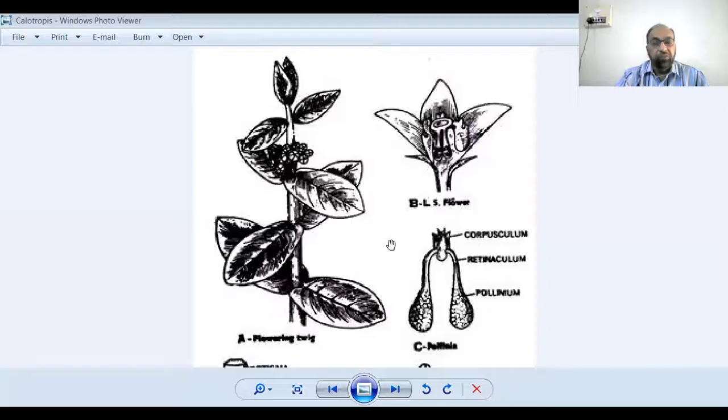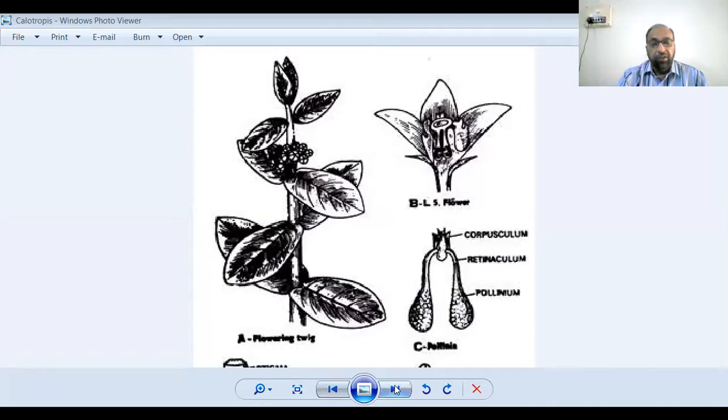Since it is a dicot plant, you will find a prominent midrib, and that midrib shows reticulate venation.